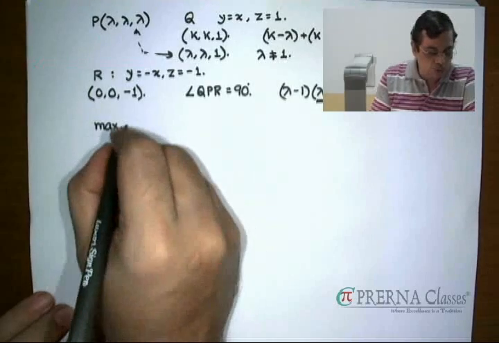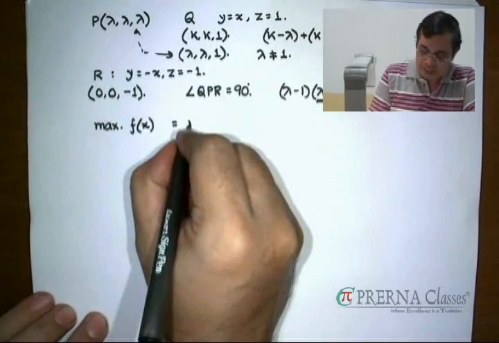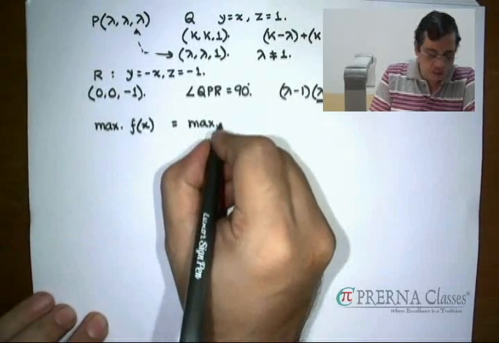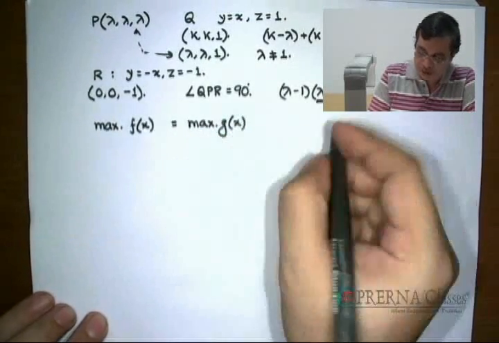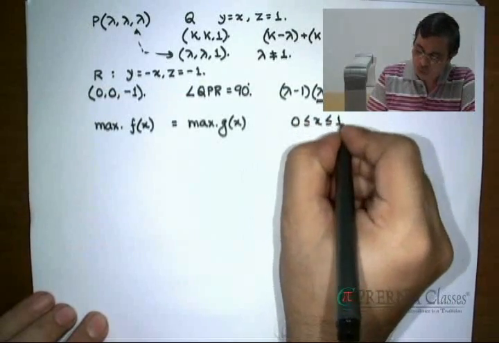The next question, we were looking at two functions f and g such that the maximum value of f of x is equal to the maximum value of g of x over the interval 0 to 1.